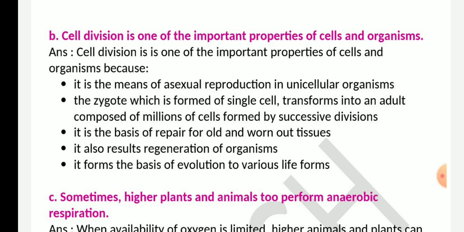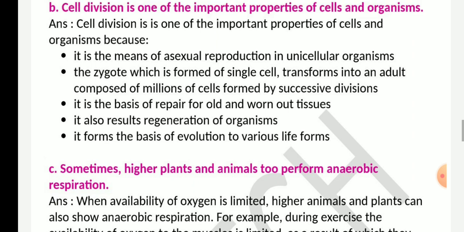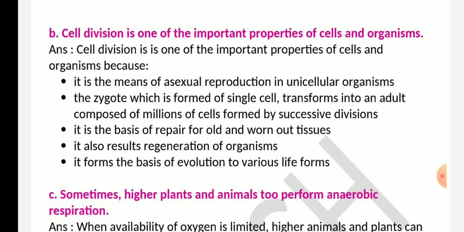Third, it is the basis of repair for old and worn out tissues. Fourth, it also results in regeneration of organisms. And fifth point, it forms the basis of evolution to various life forms.